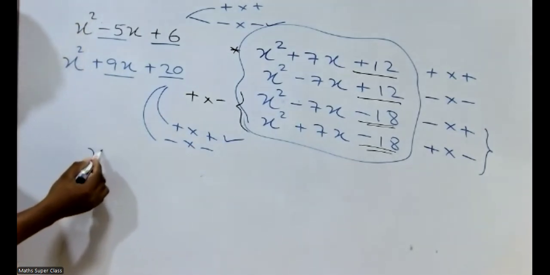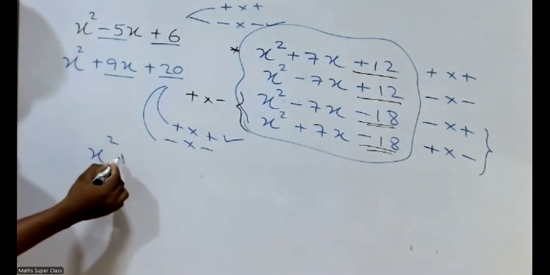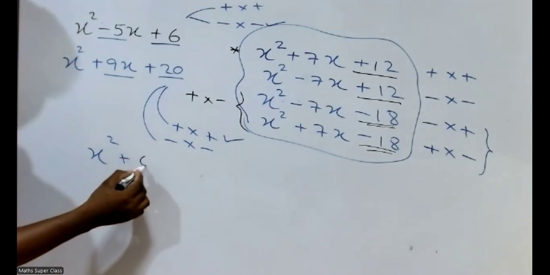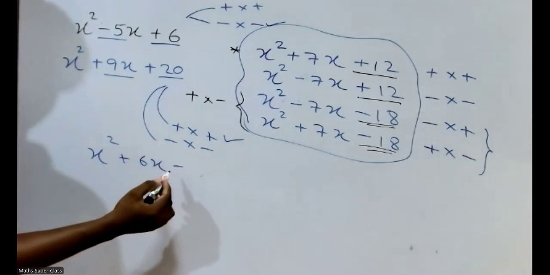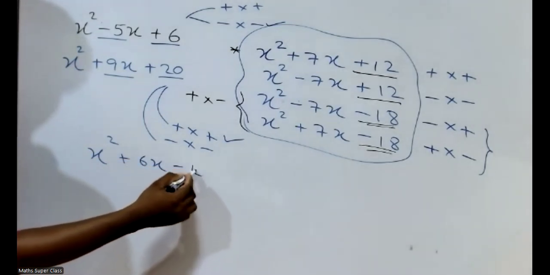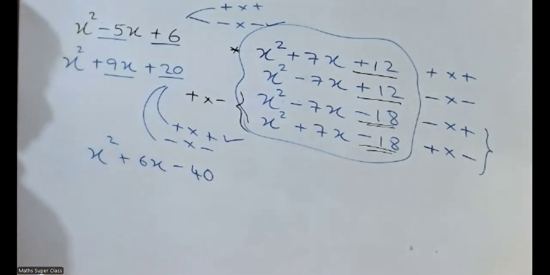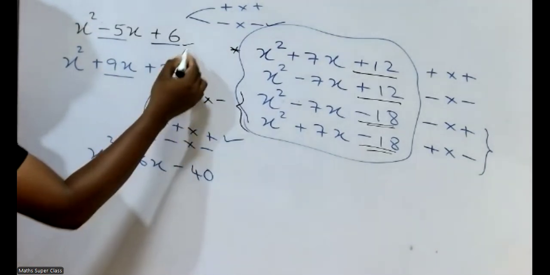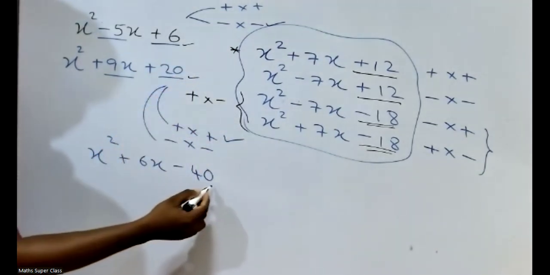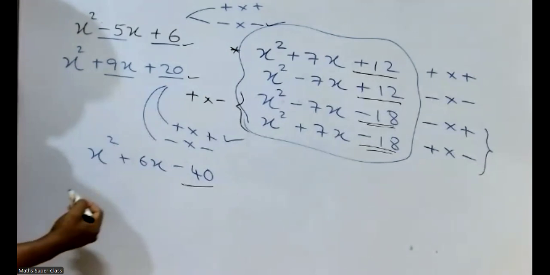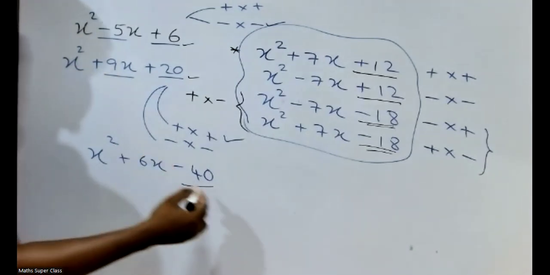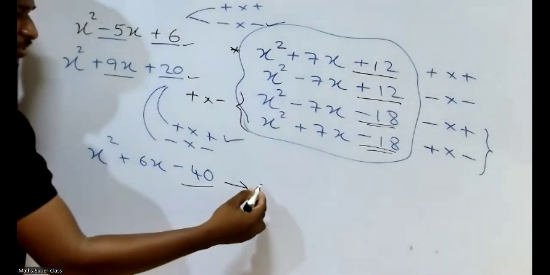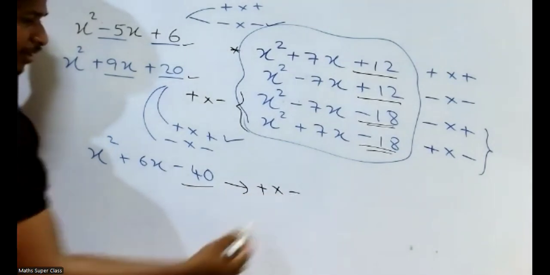But if you get this kind of question, this third part is not plus. In here, this one is plus and this one is plus, but in here this third part is minus. There is no doubt these two factors are plus and minus.